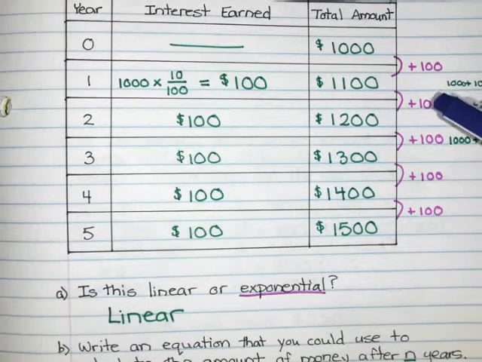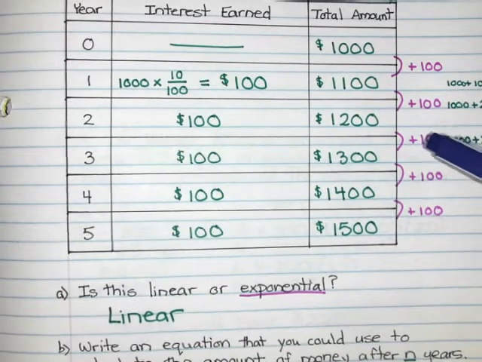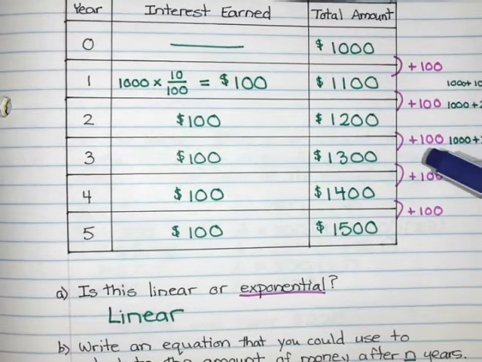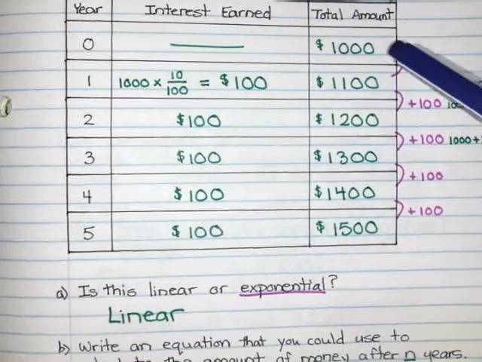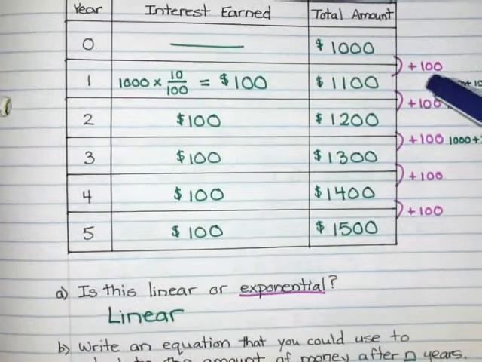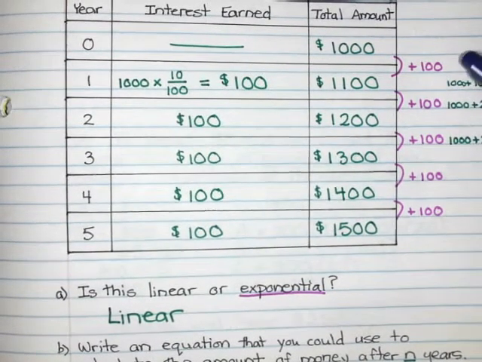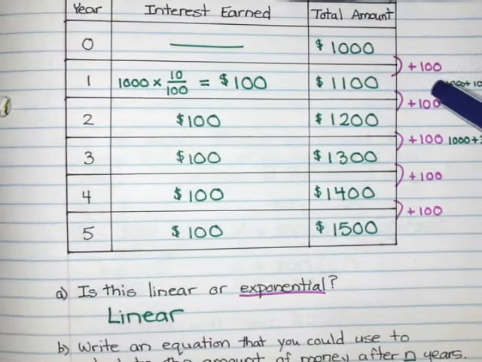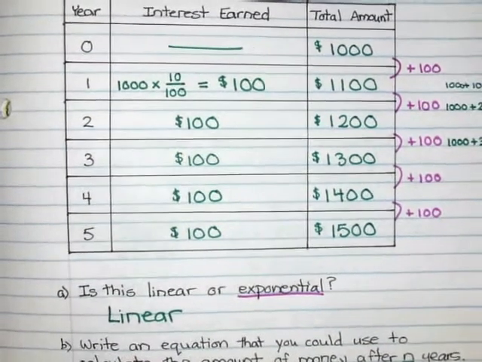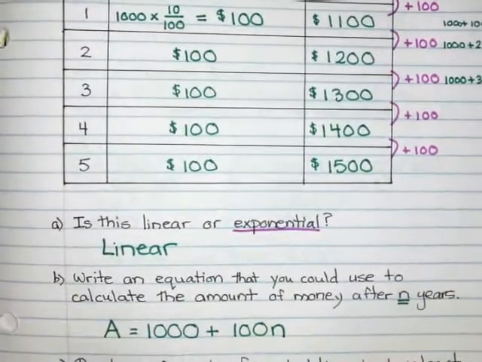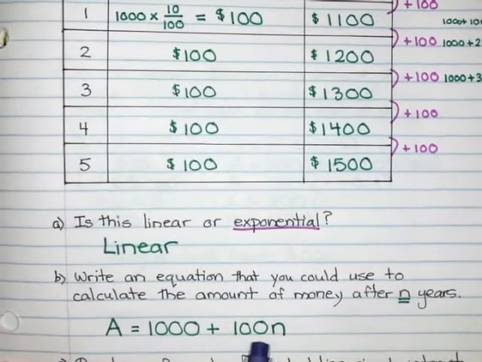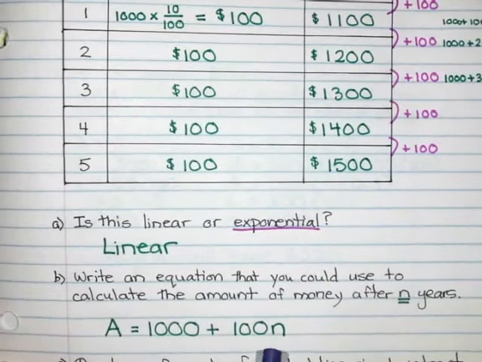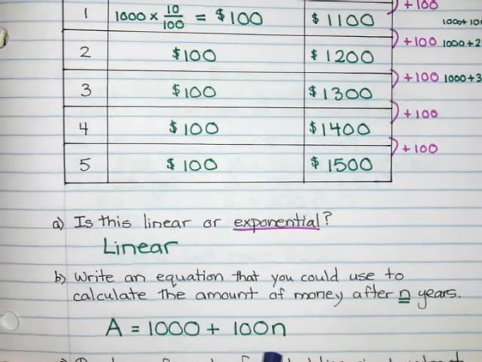In grade 9, we learned how to write an equation of a linear function using initial value and rate of change. The initial value is the $1,000. The rate of change is what we're going up by every time, which is $100 every year. So the equation is A, for my amount, equals $1,000 to start plus $100 times the number of years, because it's $100 in interest every single year.